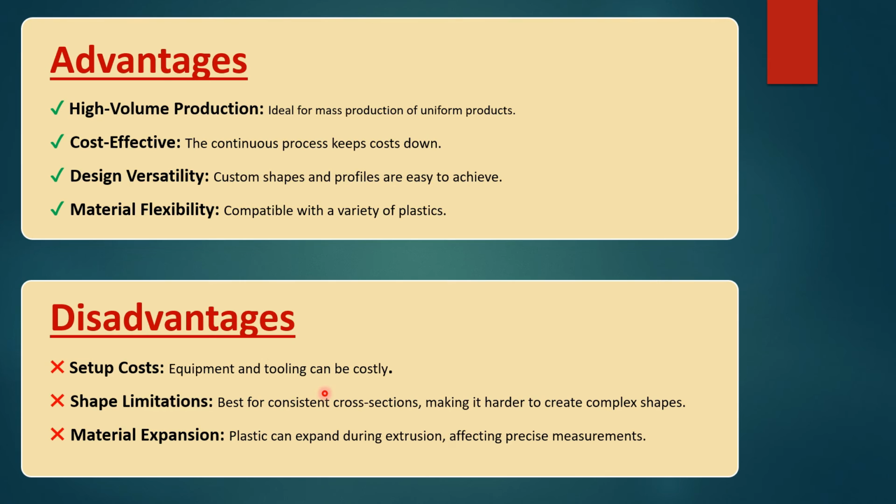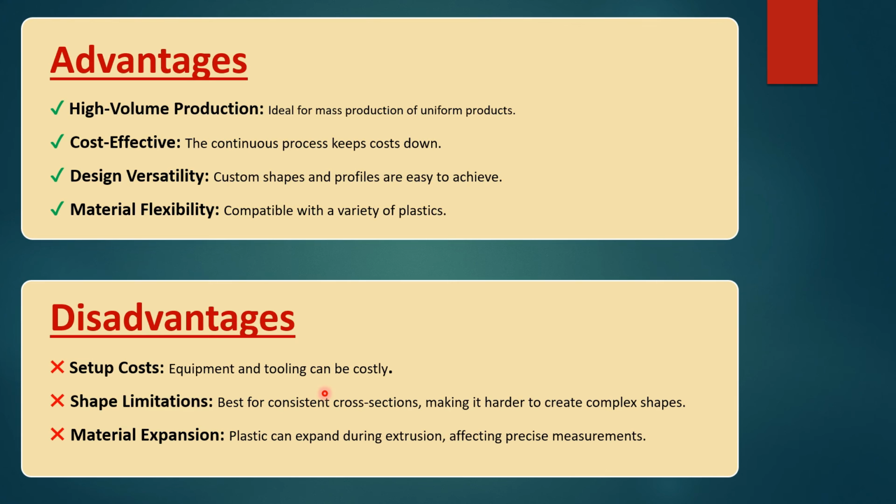But the disadvantage is that the initial setup cost is very high. Shape limitations are also there. We can produce consistent cross sections, but for complex shapes we can't use this process, so we need to shift towards injection molding and blow molding.